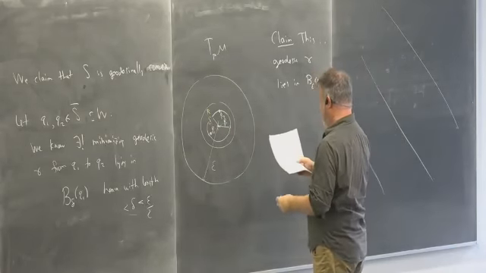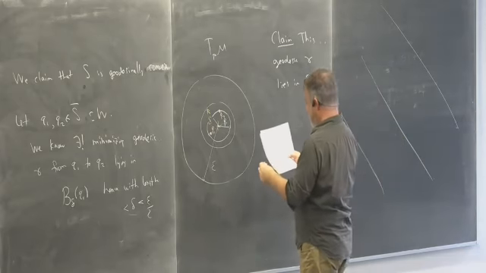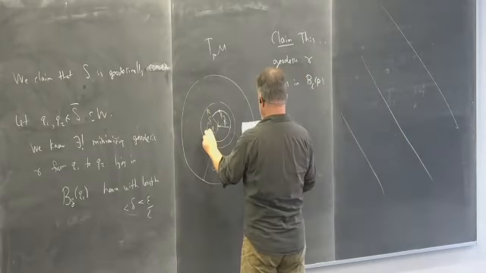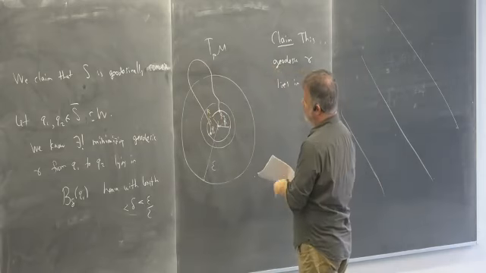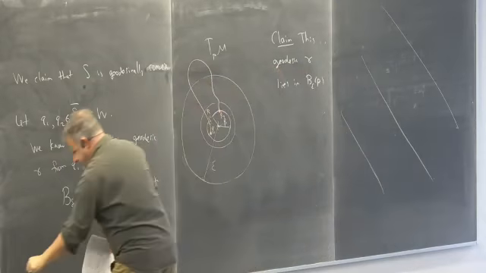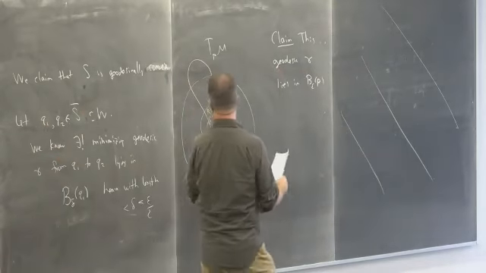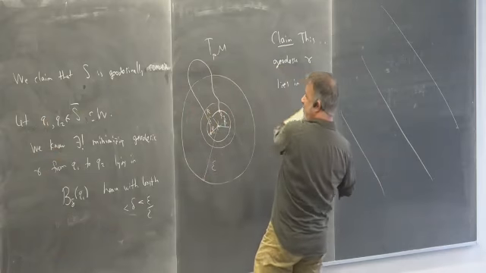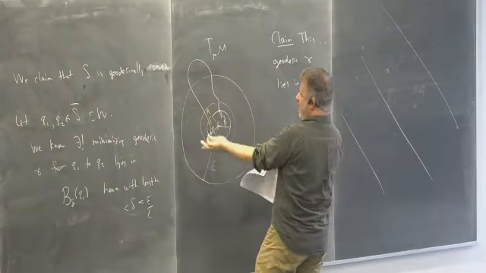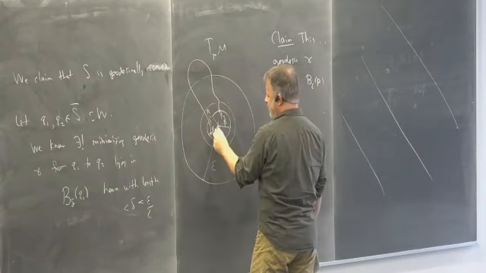Well, let's see. This is what Do Carmo says. This is clear, okay? Let's see why this is clear. So suppose not. Suppose it comes outside of the ball of radius epsilon. Well, this is a geodesic. I mean, I'm talking about the image under the exponential map. I'm drawing all the picture in TPM, but you should be thinking of the image under the exponential map.